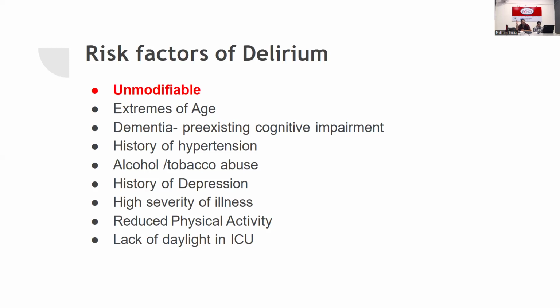It's an advancing disease. History of hypertension, alcohol or tobacco use, history of depression, high severity of illness, reduced physical activity, lack of daylight in the ICU. In all these conditions, it is easier for the patient to develop delirium. Okay, next slide.